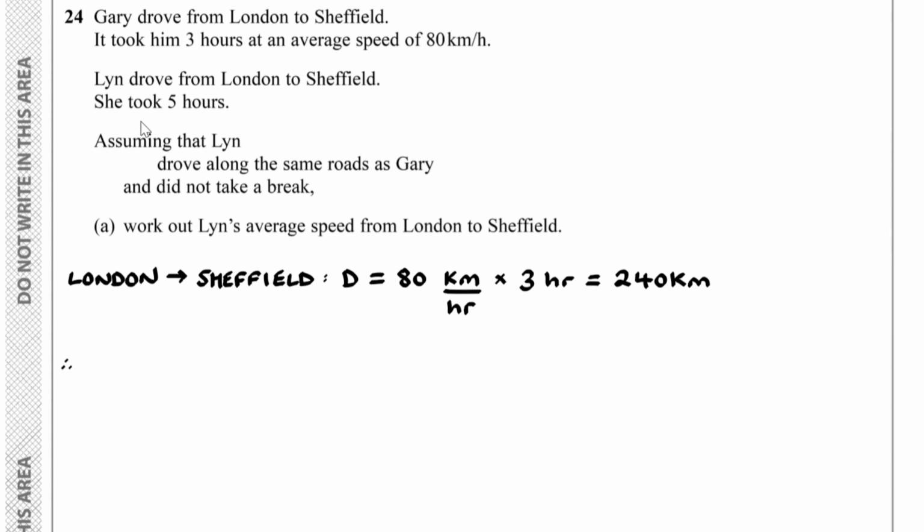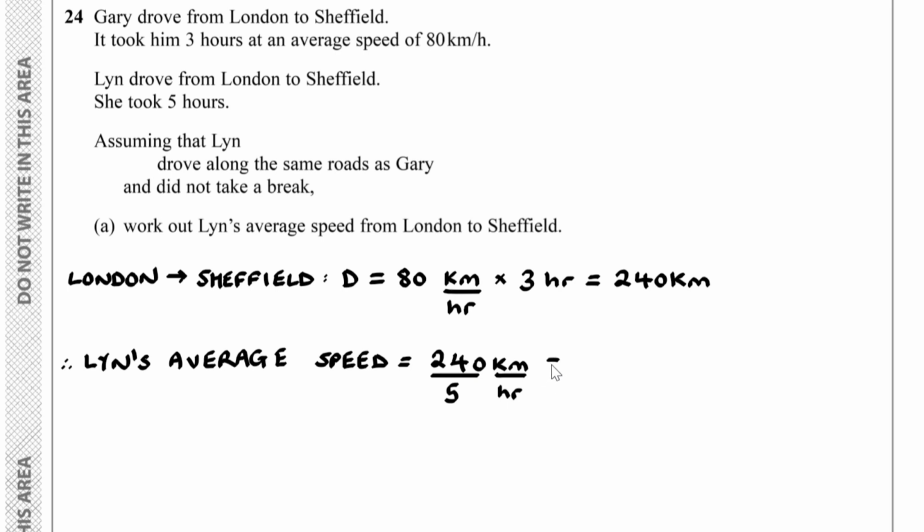Now we know that the time it took Lynn to drive is 5 hours. So Lynn's average speed, we've got 240 kilometers divided by 5 hours, and it turns out we get 48 kilometers per hour.